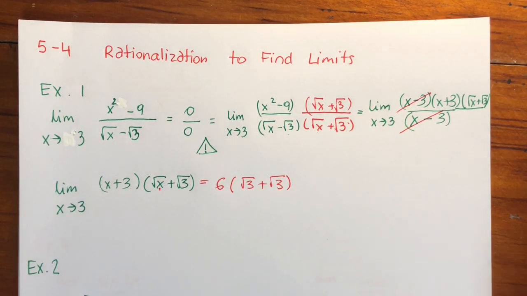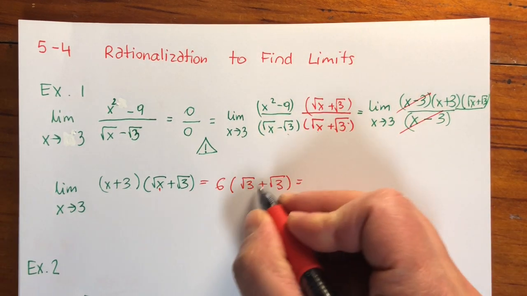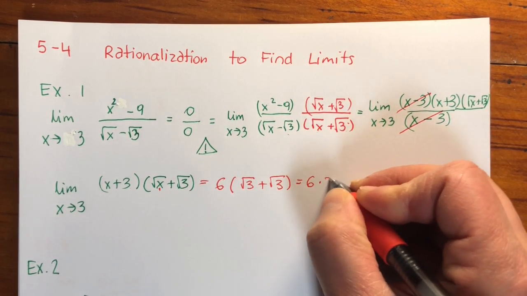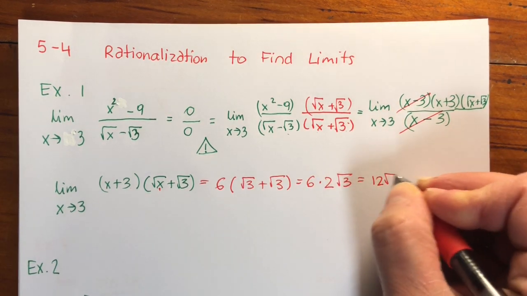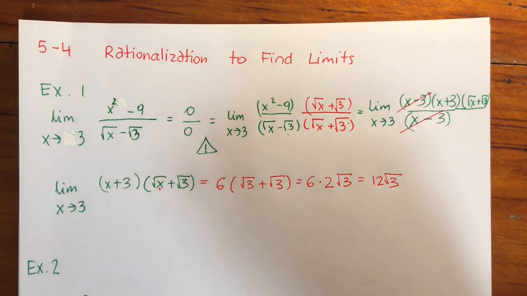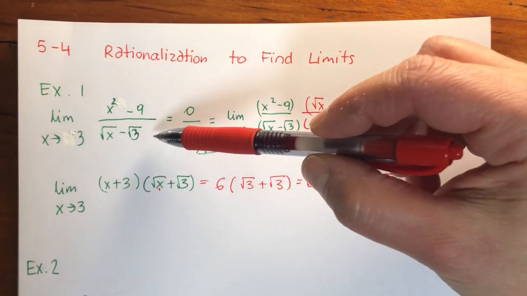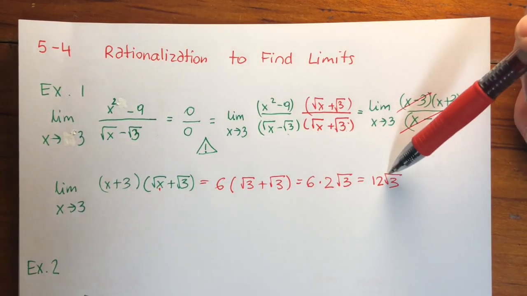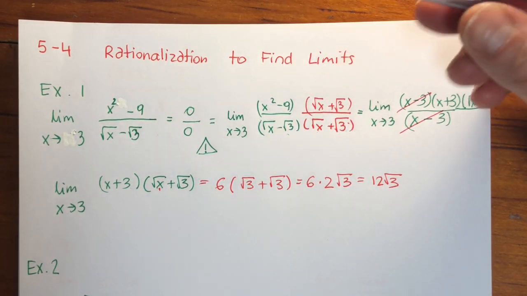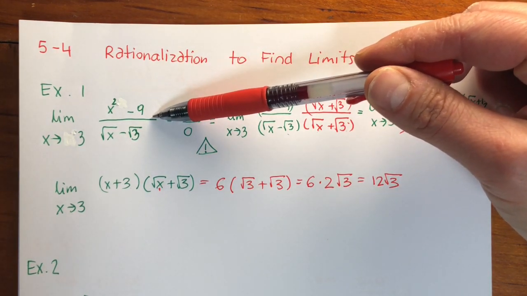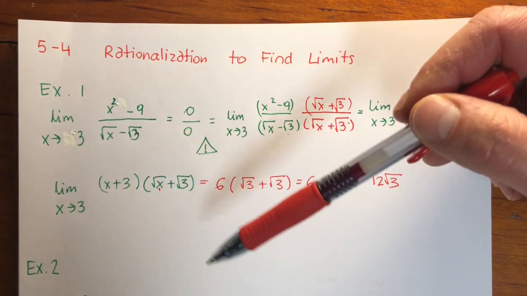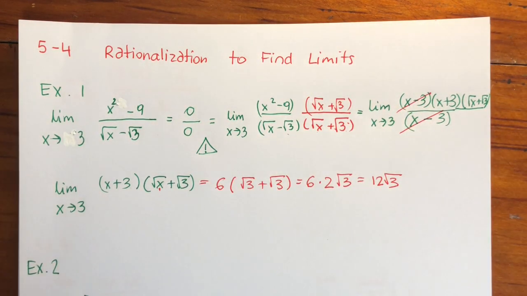And this is going to give me 2 square root of 3. So I have 6 times 2 square root of 3, which is 12 square root of 3. So the limit of this very, very messy expression that I started with is equivalent to 12 square root of 3. If you do have a graphing calculator, graph something that looks like this and take a look at what is happening at x equal to 3.